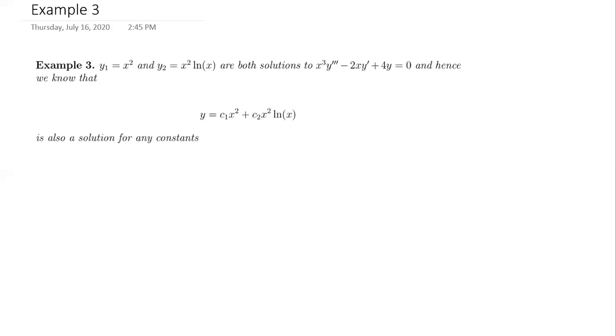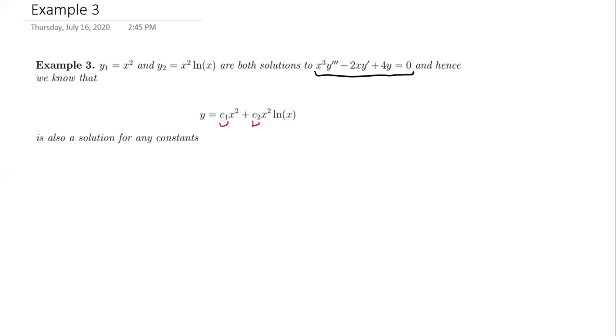This is a homogeneous differential equation, and whenever I say homogeneous, I'm also saying it's linear. Hence, any linear combination of these two functions, which is just the sum of them with arbitrary constants in front, is also a solution for this differential equation.